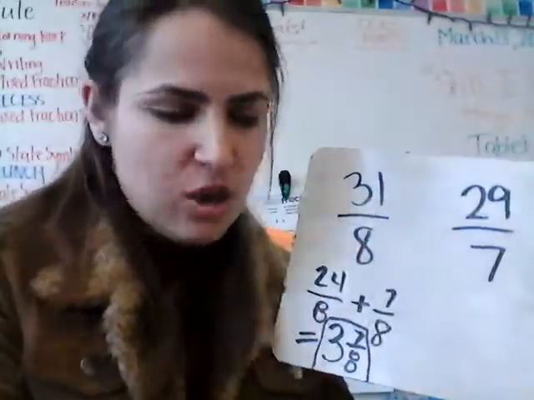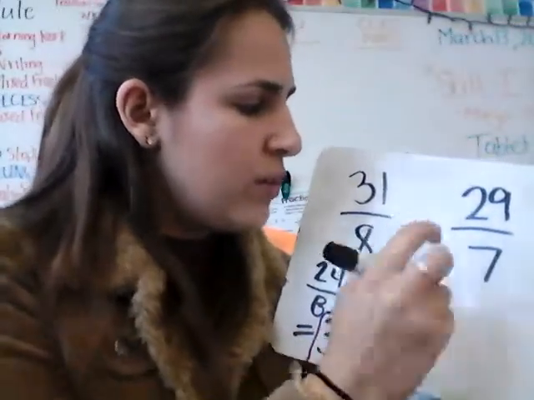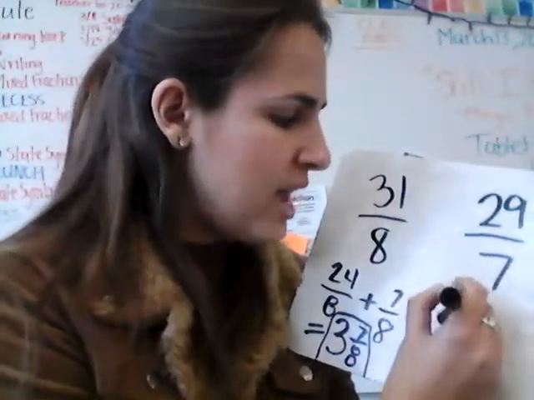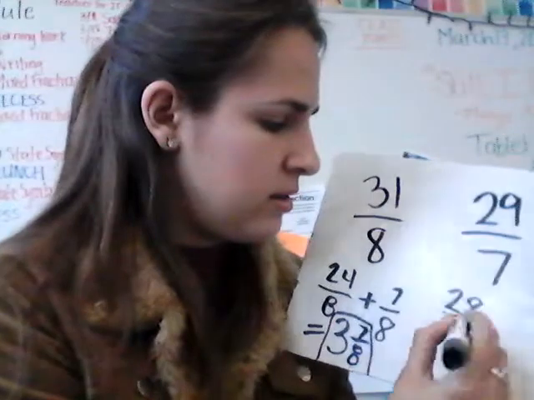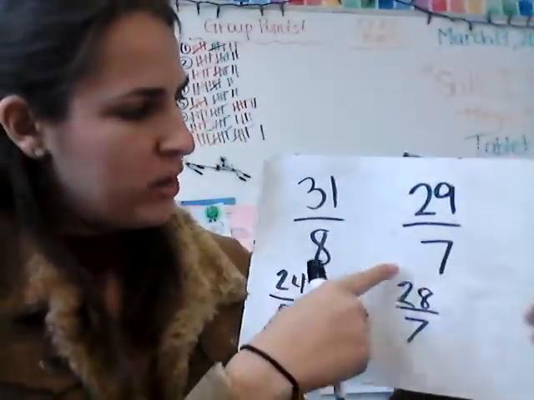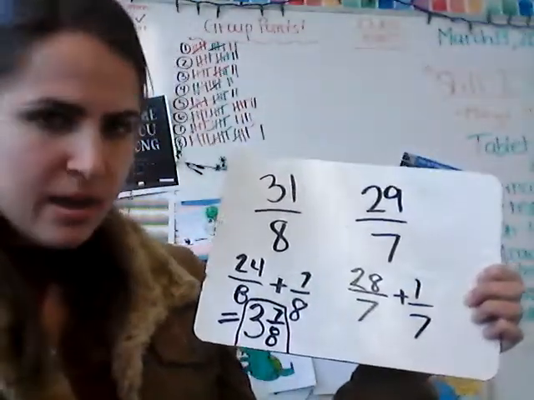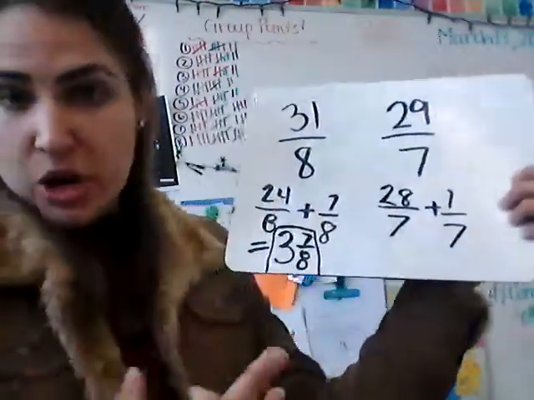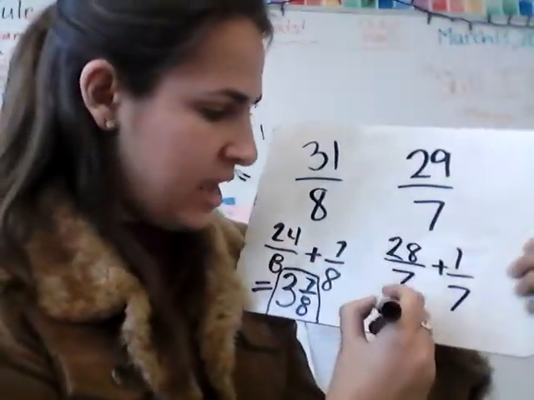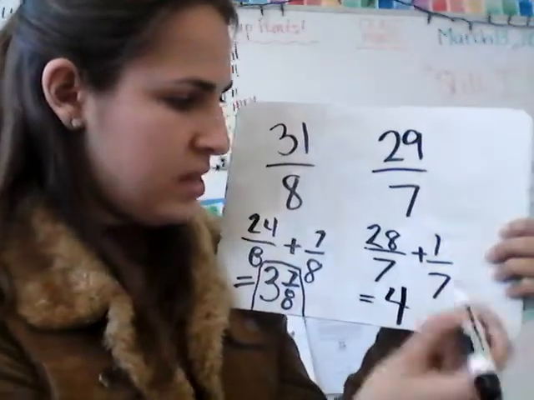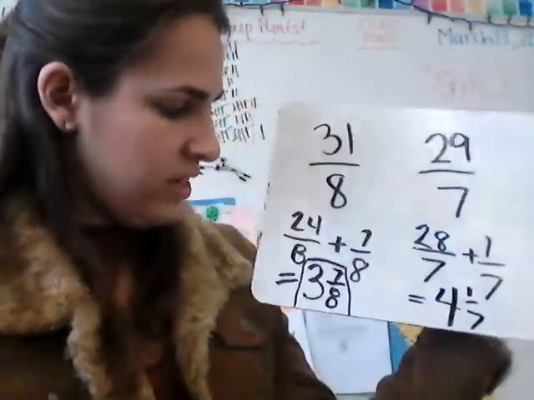So we know we can't make a 5th whole. So we know we can make 4 wholes, which would be 28/7. And then we have 28, 29, 1/7 left over. Okay. So we know that 28/7 is going to be the same as 4 wholes. And then we have 1/7 left over.